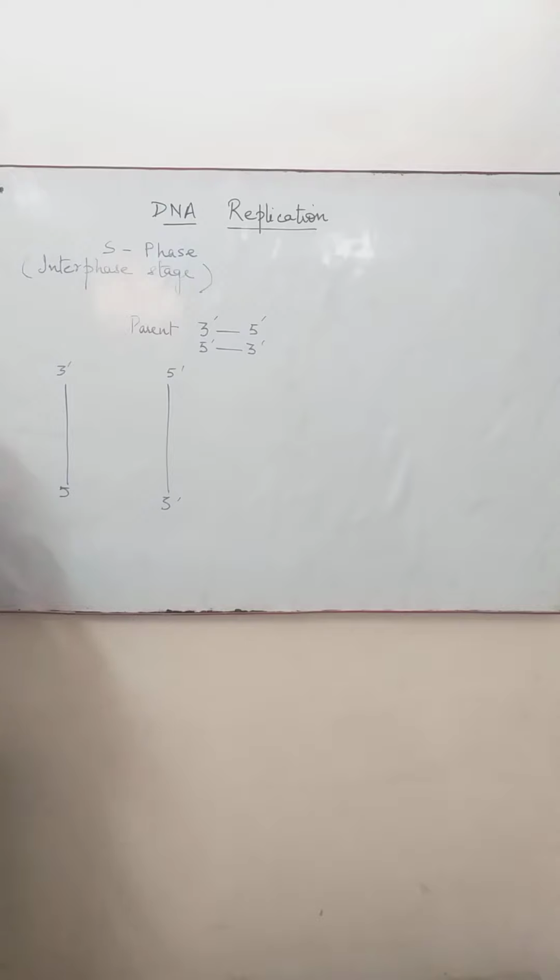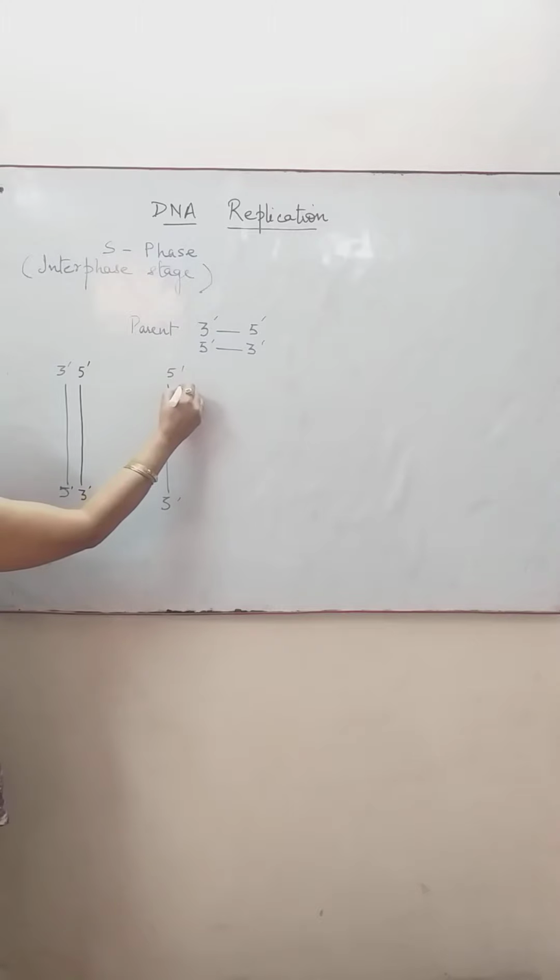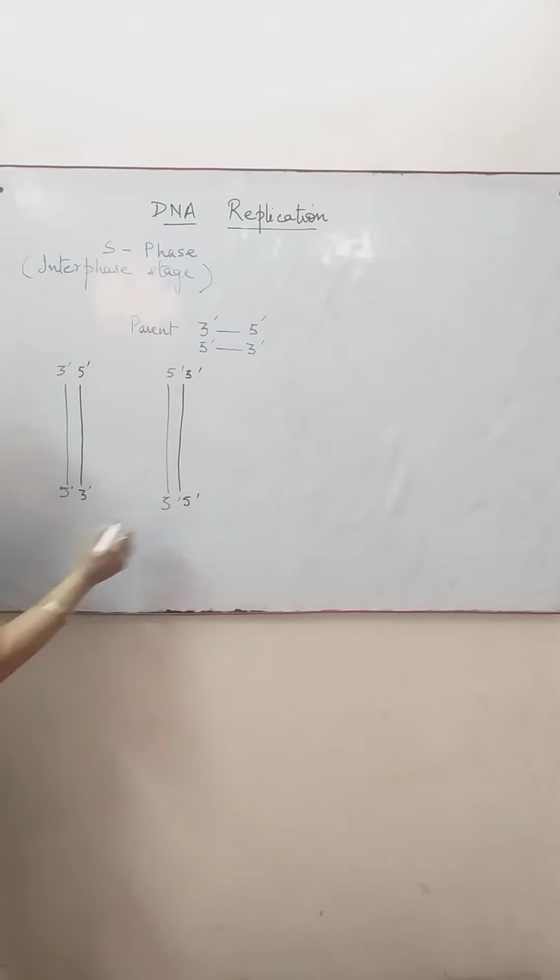The two strands will separate, and at the time of replication they will form another strand which is complementary, and the two daughter molecules are formed.